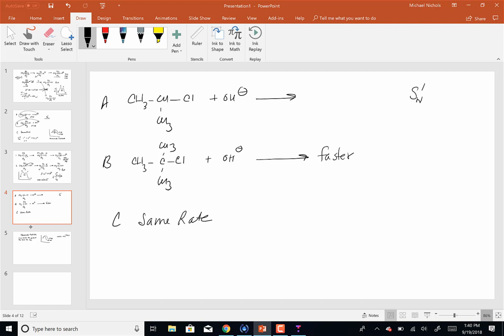So forming a secondary carbocation, even though it's less stable, well, that means that it would react faster in the second step, but the second step isn't the rate-determining step. It's the formation of the carbocation that's a critical part.